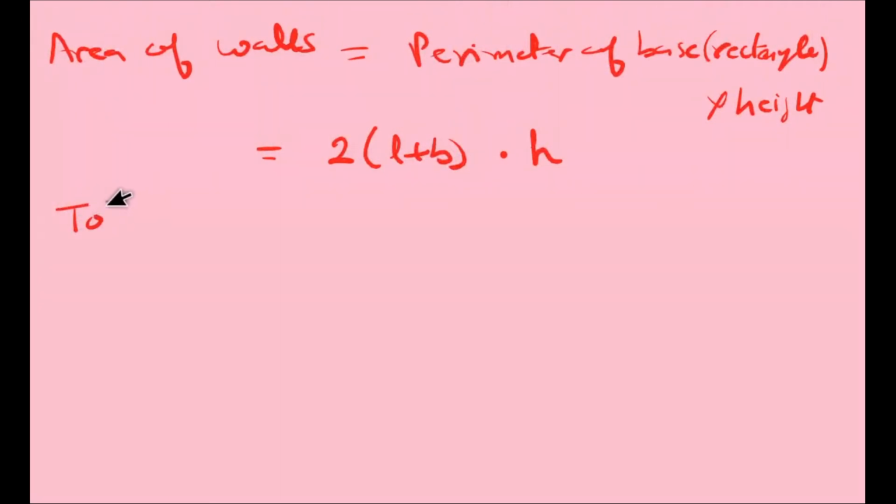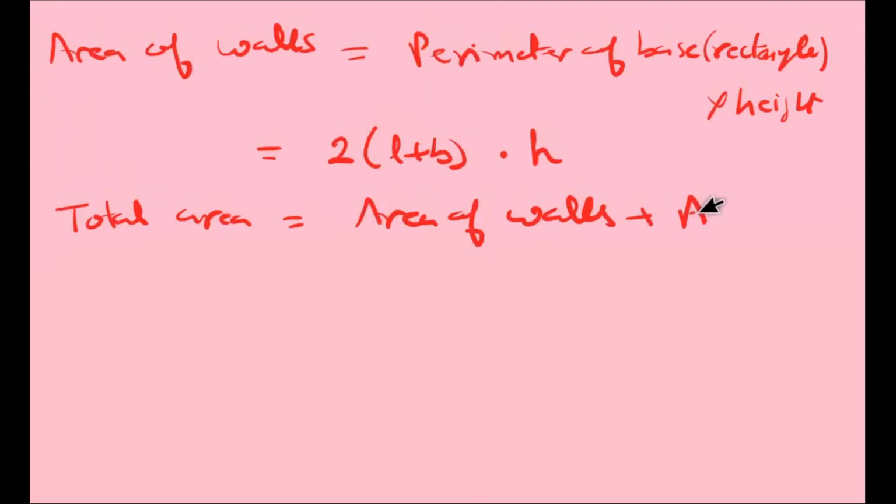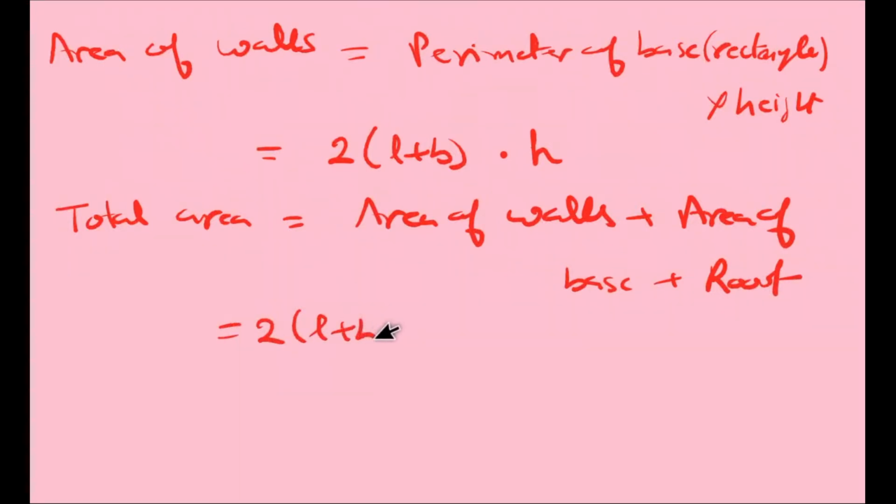Now total area is equal to area of walls plus area of base plus roof. If it is open, then leave it. Now area of walls is 2(L plus B) into H, and area of base is the area of rectangle, and roof is also the same.